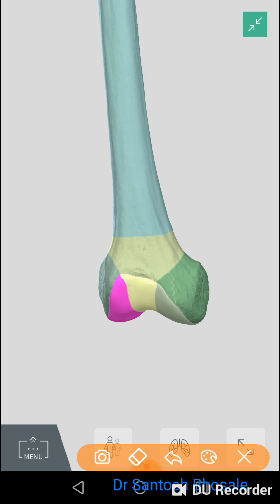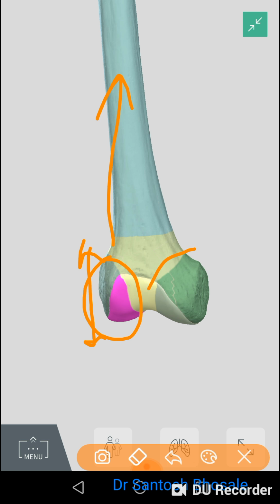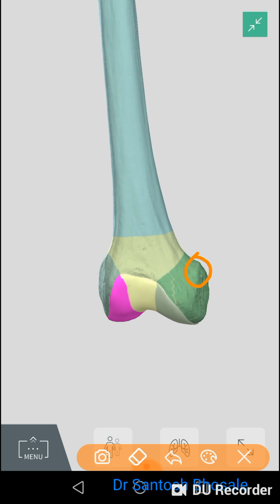The lateral surface of the lateral condyle is flat and vertical and more in line with the shaft of the femur. So the lateral condyle bears the brunt of the weight, most of the weight. It is short and stout, whereas the medial condyle of the femur is not much heavier. It is projected more medially, and both the condyles present a prominence.